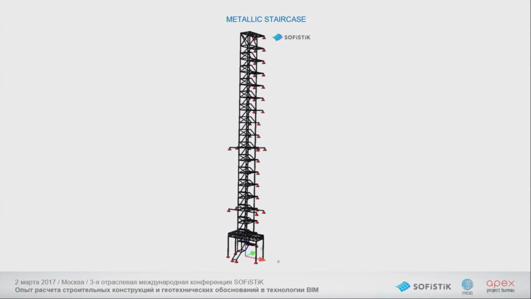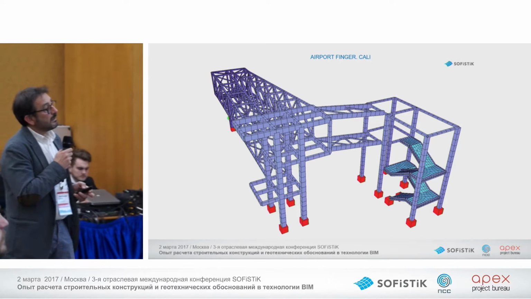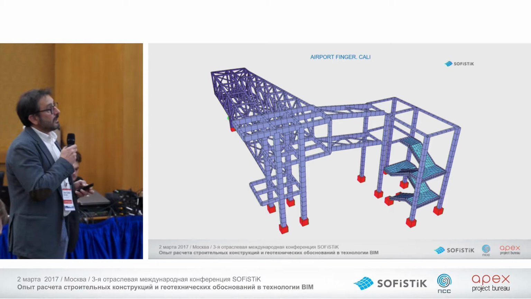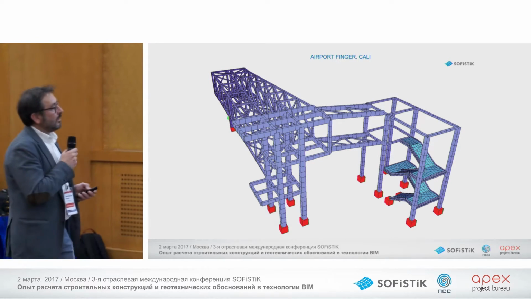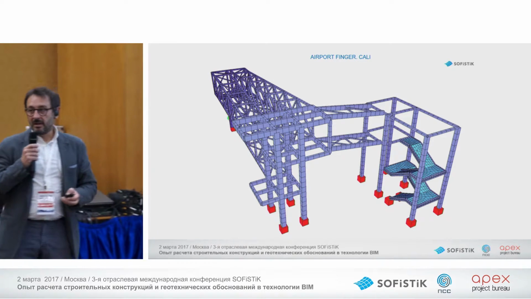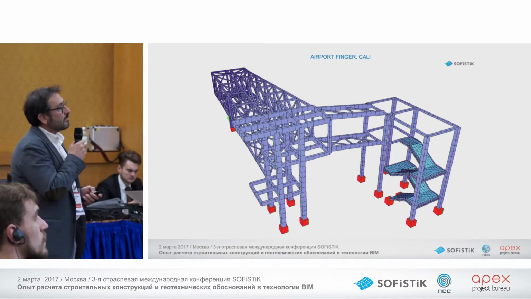This is an example of a metallic staircase in a building in Madrid, a new staircase of an old ancient building. This is the Cali Airport in Colombia, an airport finger with an extremely high seismic action.